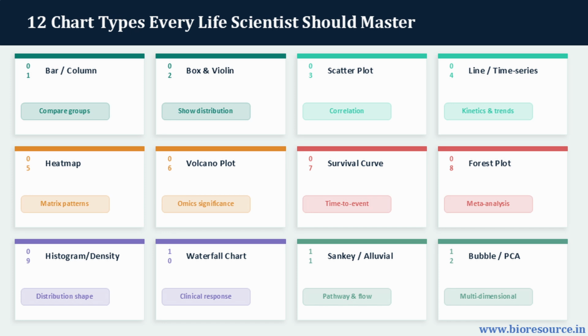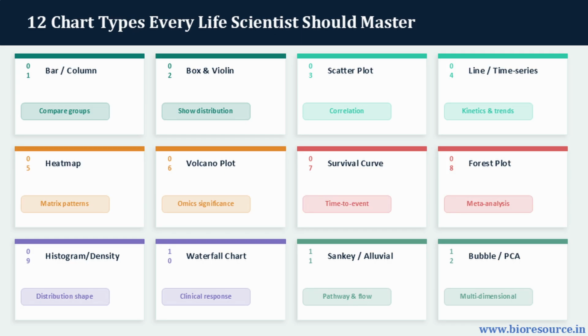Now, let's walk through the 12 chart types that every life science scientist should understand. These include bar charts for group comparison, box and violin plots for distributions, scatter plots for correlation, line charts for time course data, heat maps for matrix patterns, volcano plots for omics data, survival curves for time-to-event studies, forest plots for meta-analysis, histograms for distribution shape, waterfall charts for clinical response, Sankey diagrams for flow, and PCA plots for high dimensional data.